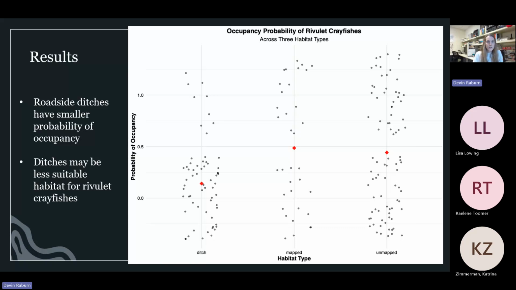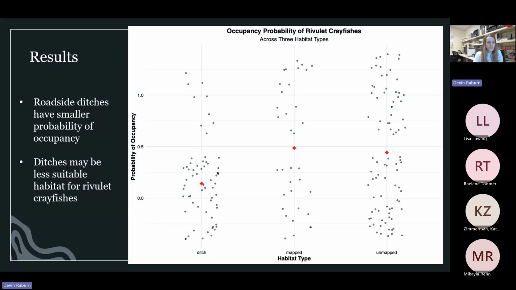So we can see the predicted probability of occupancy in our ditches is a lot lower than the probability of our mapped and unmapped streams. And when we look at our mapped and unmapped streams probability, they're pretty comparable, almost the same, around 50%. And this may indicate that ditches may be less suitable habitat for rivulet crayfishes.